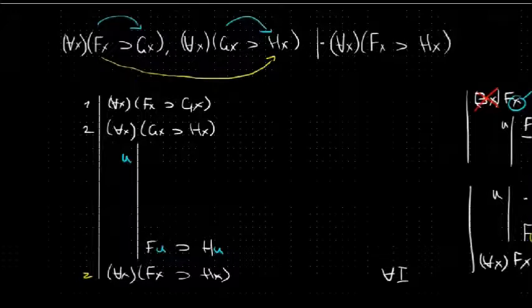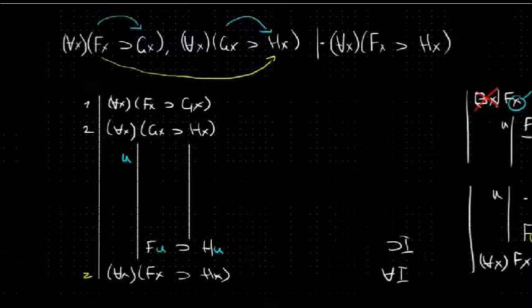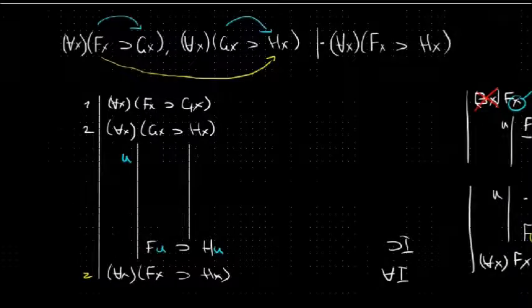Now, how do I get to FU, then HU? Well, let's just think. How do we introduce a conditional? Let's suppose we're doing a conditional introduction. We need a scope bar that begins with the antecedent. In fact, let's do our U's in blue again so we can keep track of them.